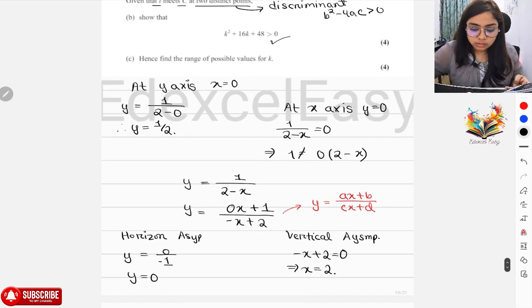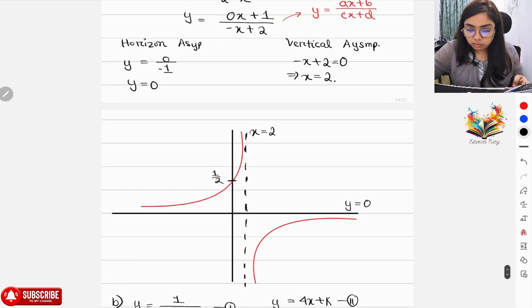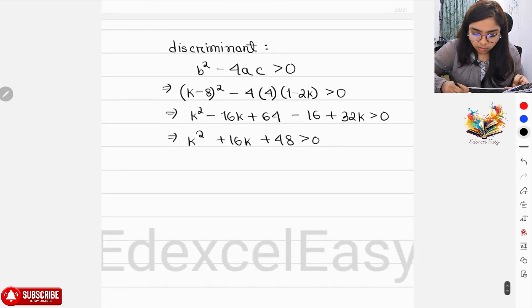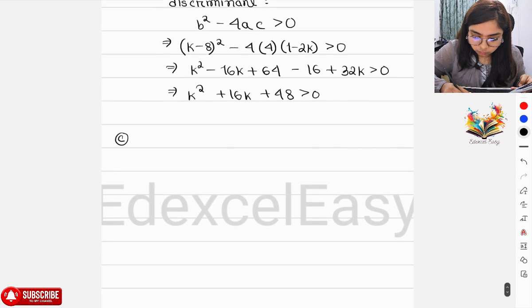After that they want to find out the range of values for k. For that, I just have to factorize this, using the middle term. That's going to be 1, 16, 48. If you factorize this, you're going to get 4 and 12.